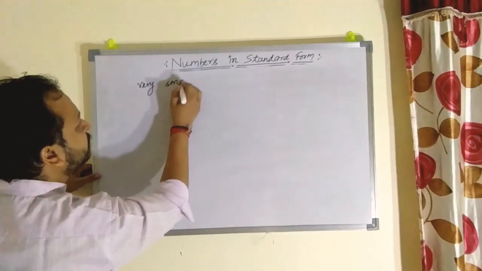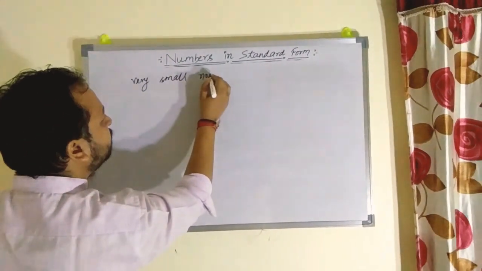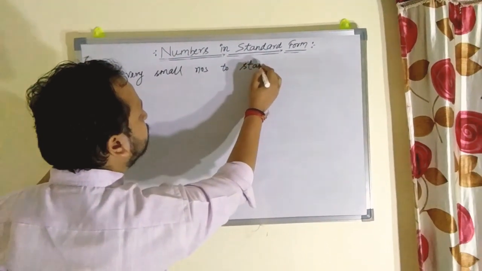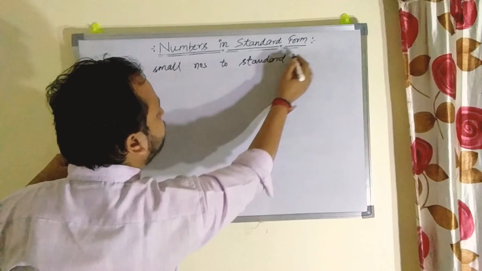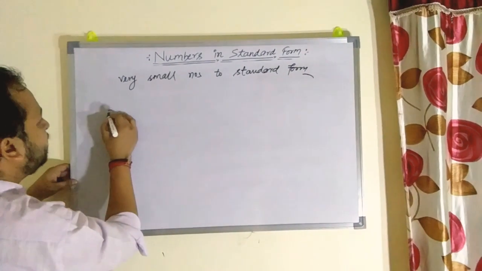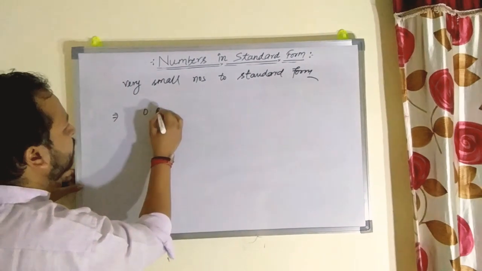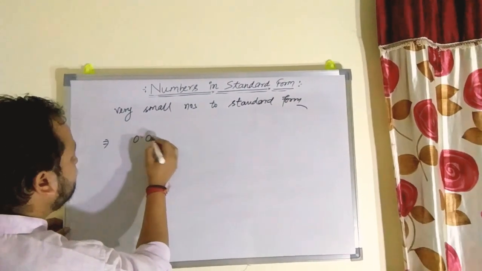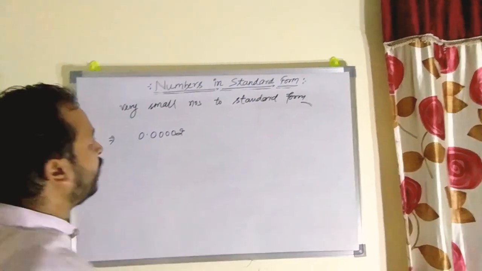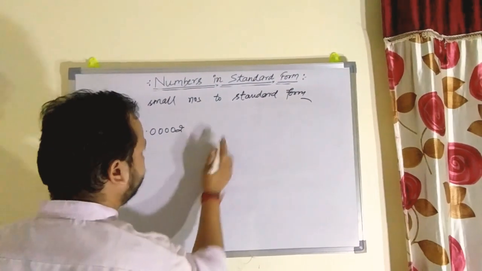Very small numbers to standard form. Right? Suppose a number is given as 0.00002. You have to convert it into standard form.